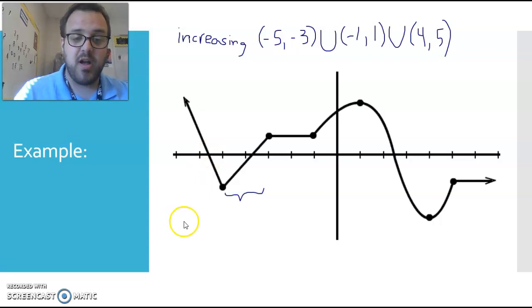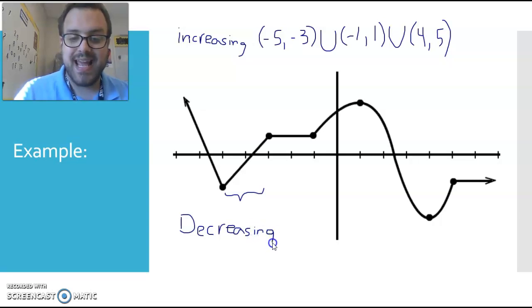All right, the next ones we're going to go ahead and list out will be the decreasing. We'll put that down here. And again, very similar to what I was looking for the increasing, but in this case, I'm looking for those y values to be going down as opposed to up.